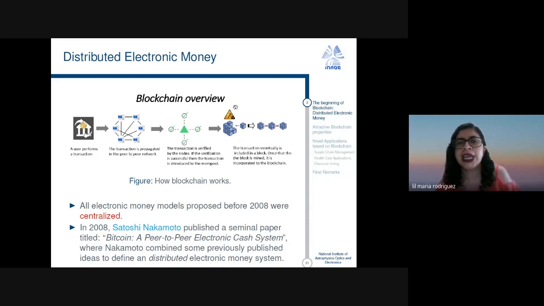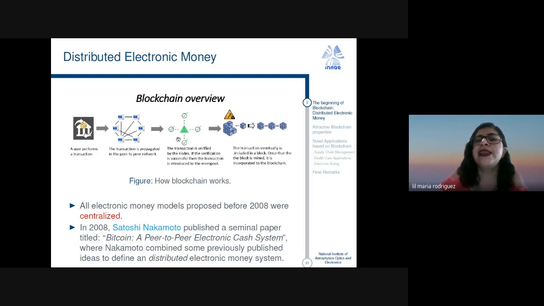So how does blockchain work? Basically, a user performs a transaction, and this transaction will be propagated in the peer-to-peer network. So the idea is that each node can verify that the transaction is correct. If this verification succeeds, then the transaction will be part of the mempool of the node.